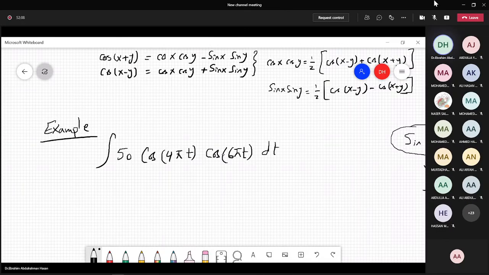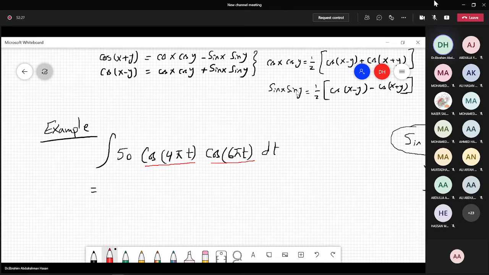Equal to what? Here I have cosine of two different angles. If it were the same angle then it is easy, but we have different angles. So then we need to use this property.